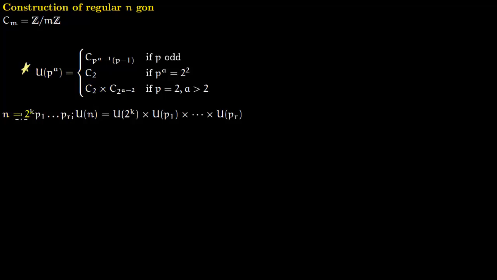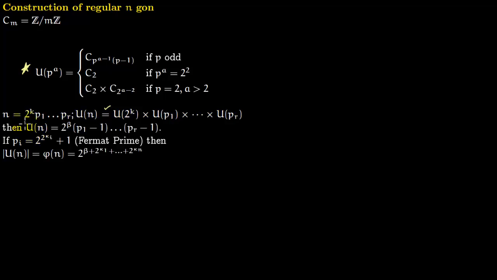Say n is given as 2^k times distinct primes p1 to pr. Then we know that U(n) is U(2^k) times U(p1) times and so on. This result we also know from group theory. Now, the order of U(n) follows from this formula.